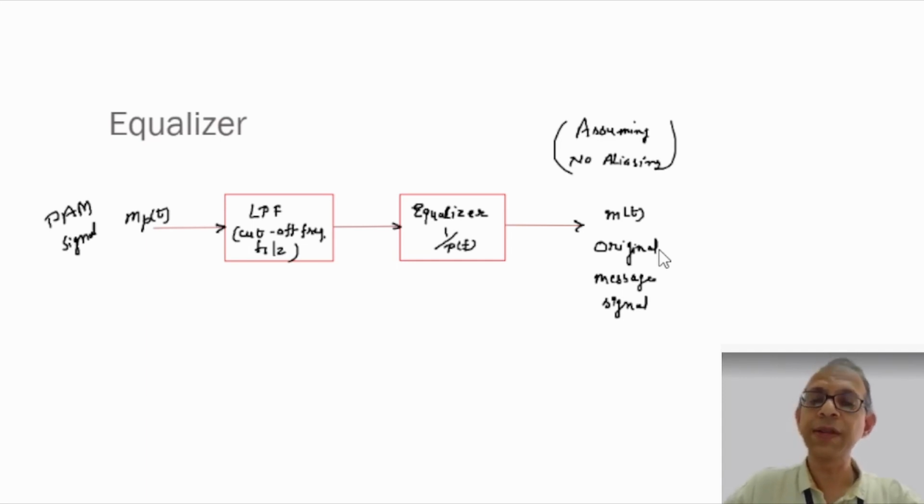So that is the use of an equalizer when the aperture effect is not negligible. We have to use it. In case the aperture effect is negligible, then we don't require any equalizer, and just low pass filtering would get us back the original signal.